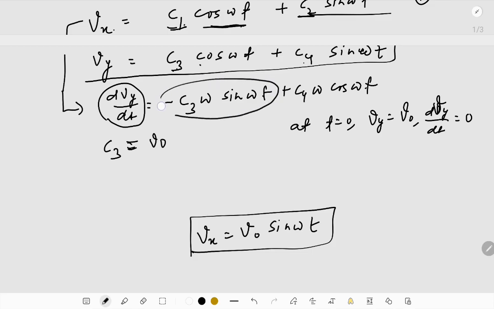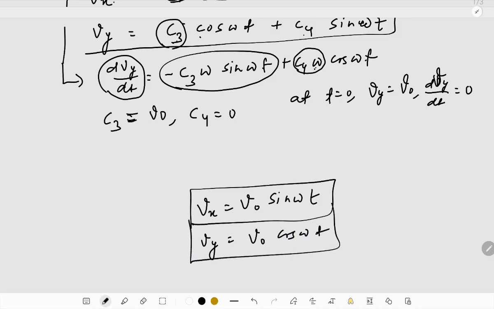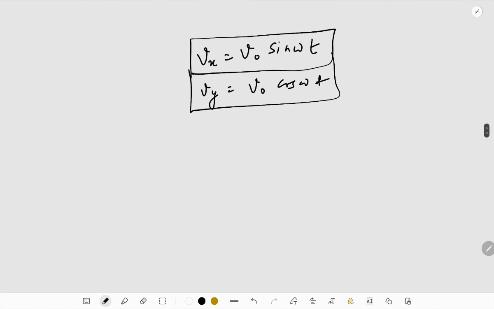This term becomes 0 because sin 0 is equal to 0, and this term is simply C4 omega, and C4 omega is equal to 0, that means C4 is equal to 0. So what about Vy? With C3 equals V0 and C4 equals 0, Vy becomes V0 cos omega t. So we got Vx and Vy.